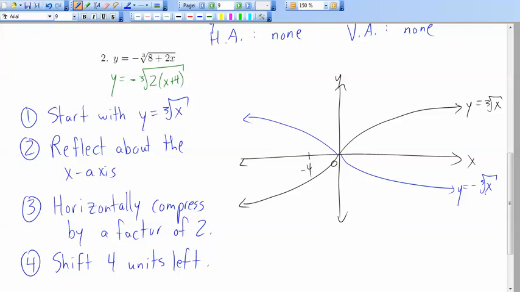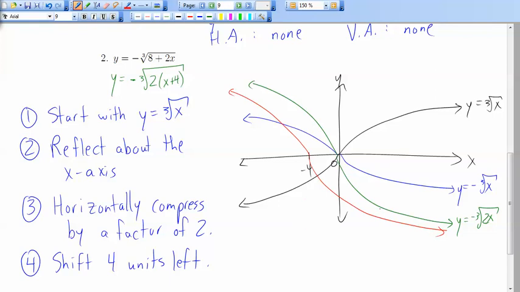So we're basically going to divide all our x values by 2. All of them are going to have their distance to the y-axis cut in half. That's y equals negative the cube root of 2x. And lastly, we're going to shift that green graph 4 units to the left. So there we've got y equals negative cube root of 2 times x plus 4.